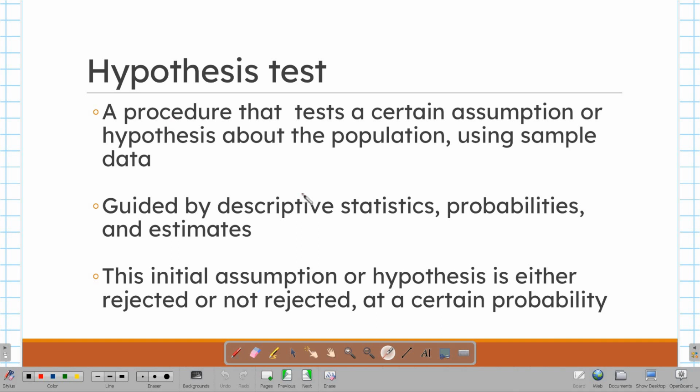And it is guided by the previous topics that we had: descriptive statistics, probabilities, and sometimes point estimates. So we have this initial assumption, and we're going to either reject or not reject it given a certain probability.